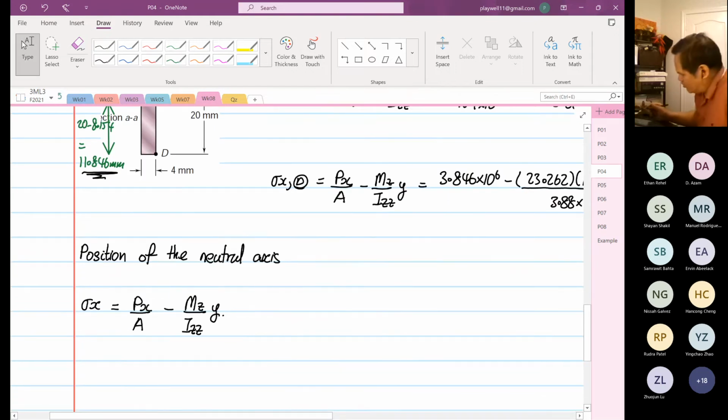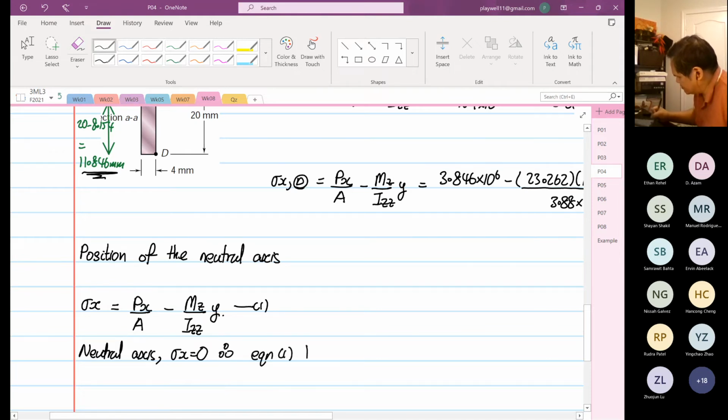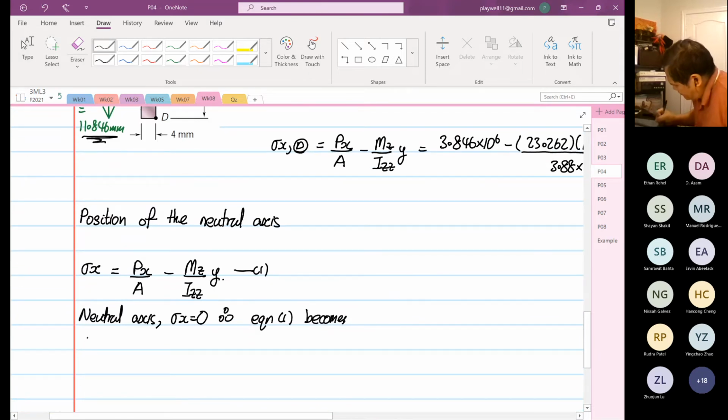Okay, so you know at the neutral axis, right? We know at the neutral axis, stress x is equal to 0. So I call this equation 1. So therefore, equation 1 becomes 0 is equal to Px over A minus Mz over Izz multiplied by y.